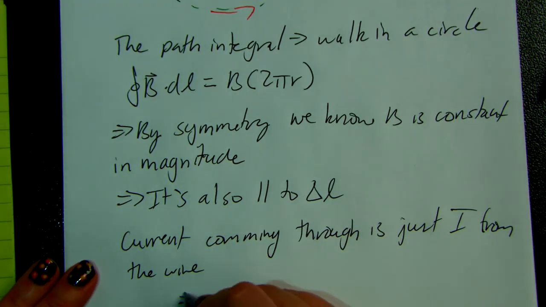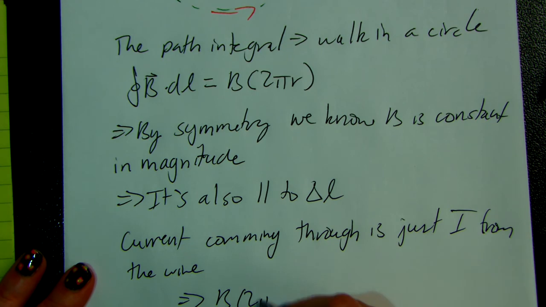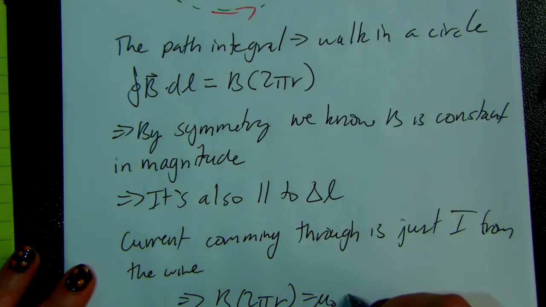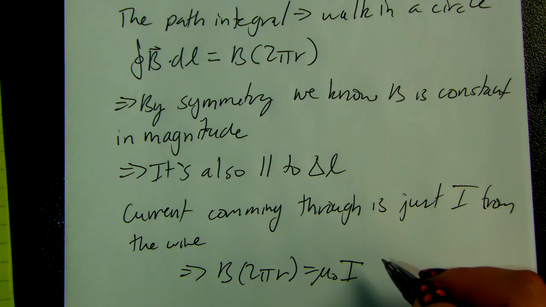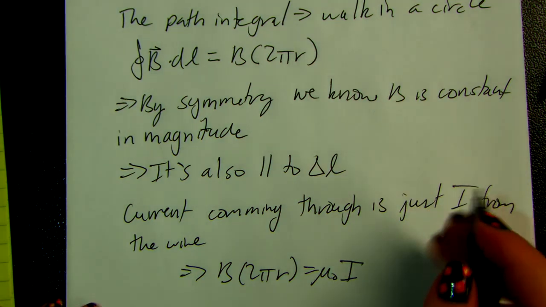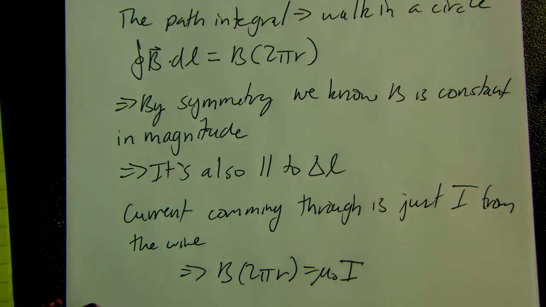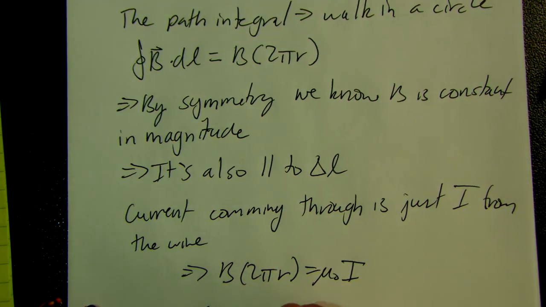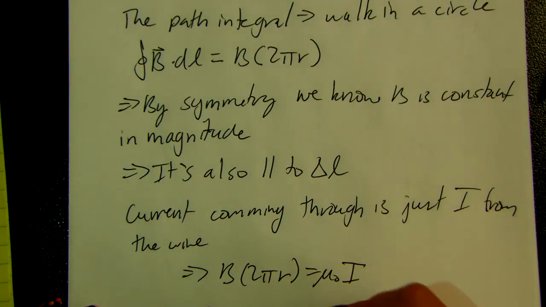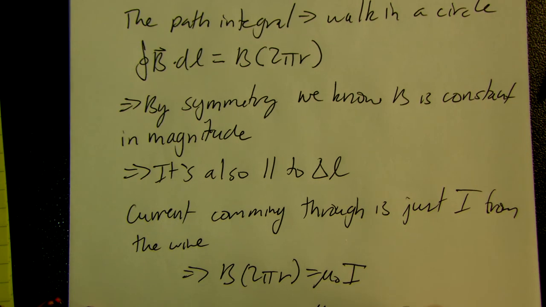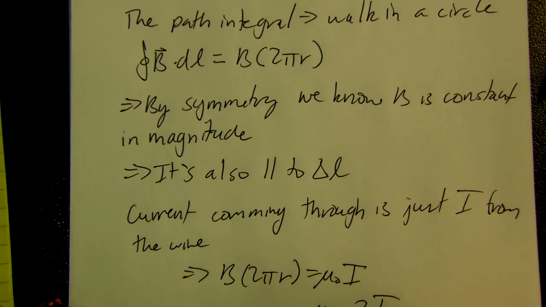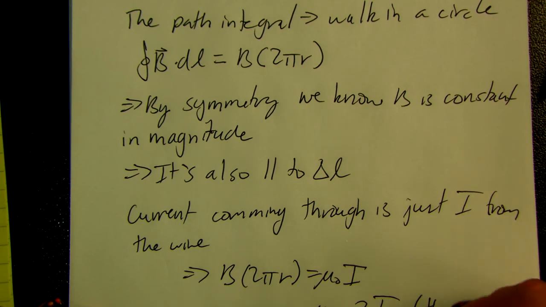So from there, you have B 2 pi r is equal to mu naught I, because, you know, 1 plus nothing else is just that. So B is equal to mu naught over 2 pi r, which is equal to mu naught over 4 pi times 2I over r for a thick wire.